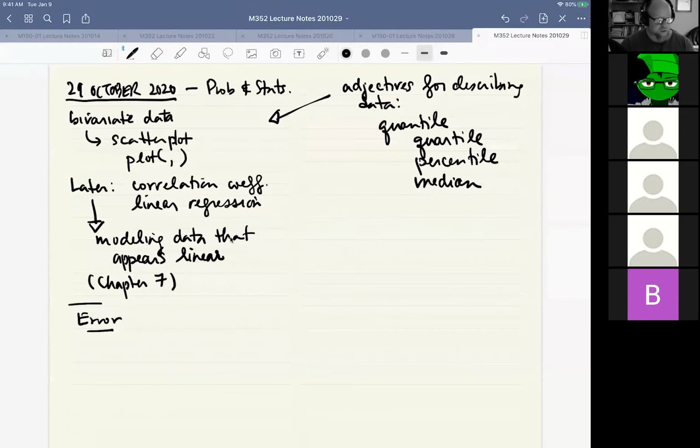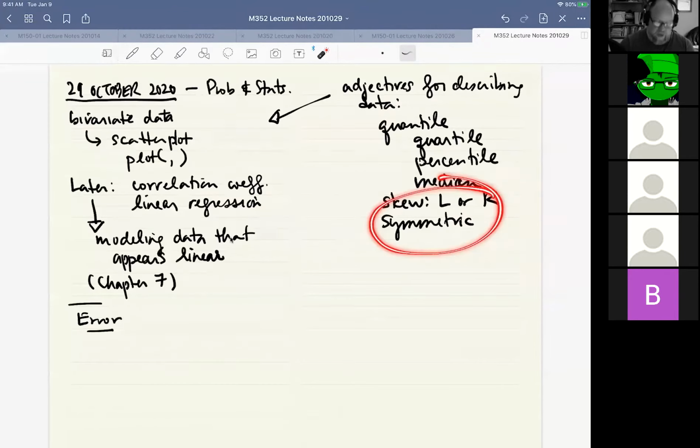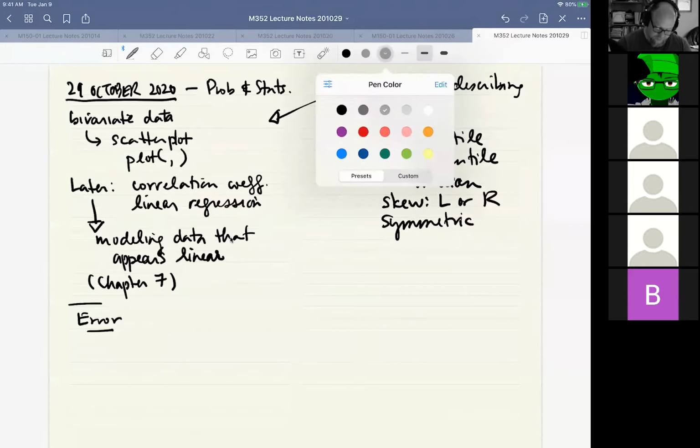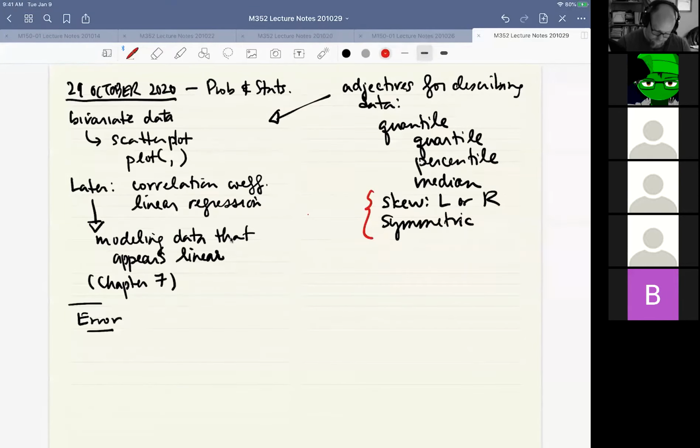And then we had the idea of the shape of a distribution or a shape of a set of data. So it could be skewed left or right, or it could be symmetric. These ideas of shape, skew, and symmetry, they're really qualitative. There's not a numerical measure that we'll talk about to quantify how skew something is or how symmetric something is.